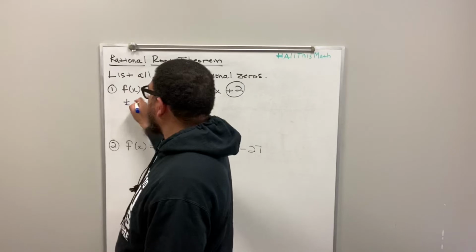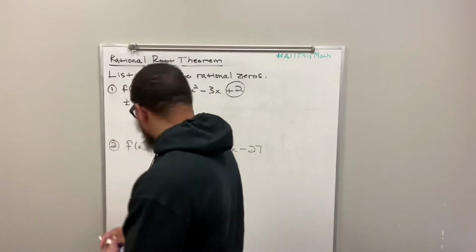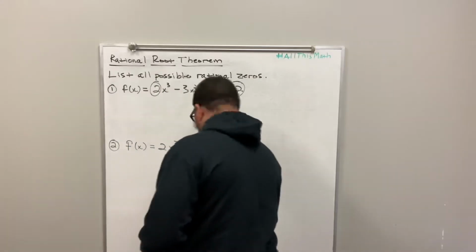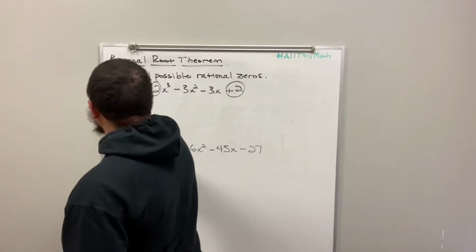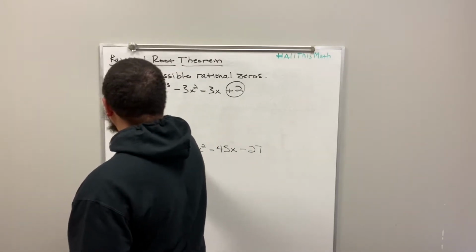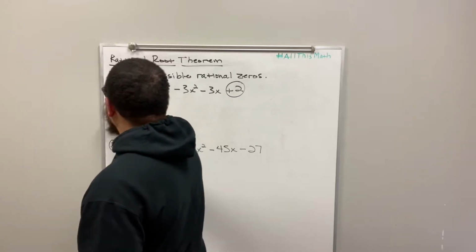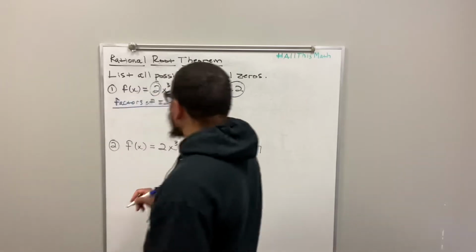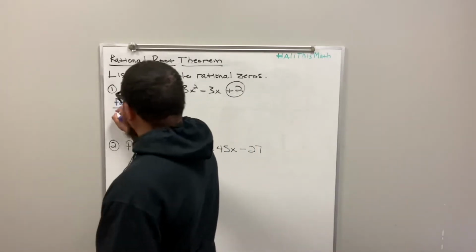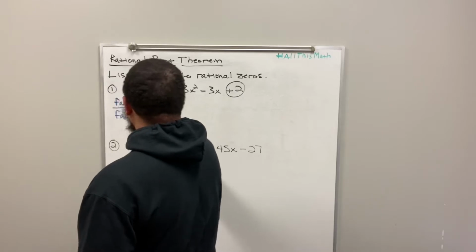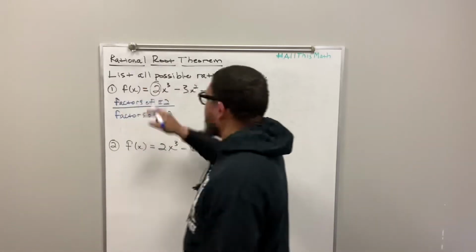Well, actually, no. Let me rewrite this. You want the factors of positive or negative 2. And then you're going to create a fraction. You're going to divide that by the factors of positive or negative 2 again, because that's your lead coefficient.